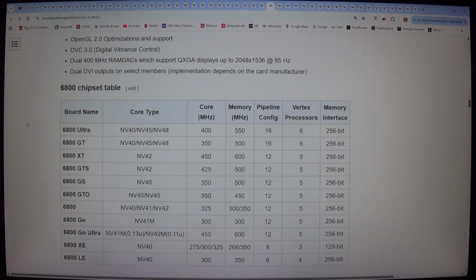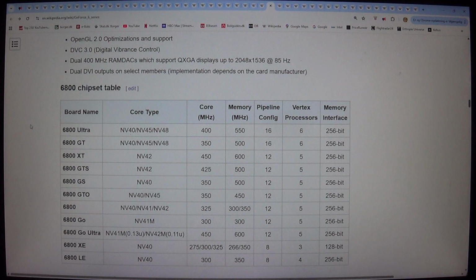OpenGL 2.0 optimizations and support. DVC 3.0, Digital Vibrance Control. Dual 400 MHz RAMDACs which support QXGA displays up to 2048 x 1536 at 85 Hz. Dual DVI outputs on select members, implementation depends on the card manufacturer.